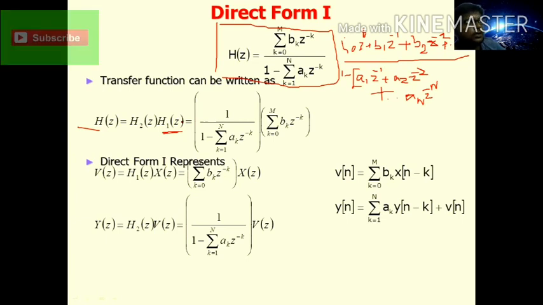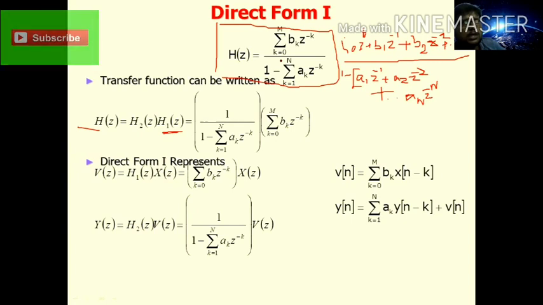Okay, so this is how you have to split up your transfer function for the direct form 1 structure. So h of z equal to h2 of z into h1 of z, 2 sub transfer functions. h1 is nothing but your numerator term, h2 is the remaining term, that is 1 divided by the denominator term.